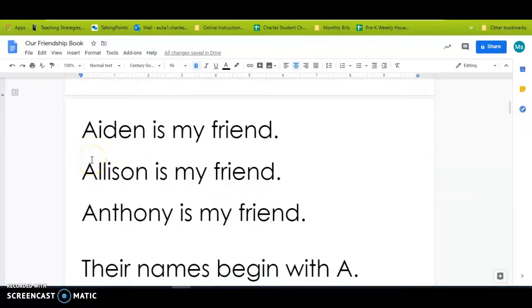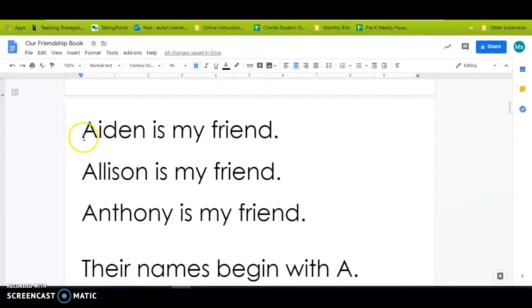Aiden is my friend. Where should we start? Can you point to it? Yes, we start right here at the A. And which way do we read? We read from left to right. Very good. And I want you to show me where it says Aiden is my friend.